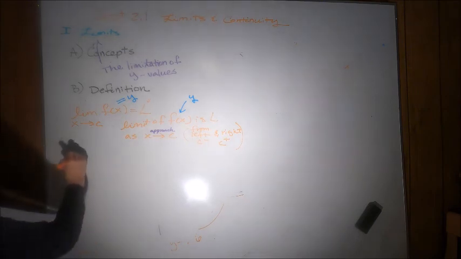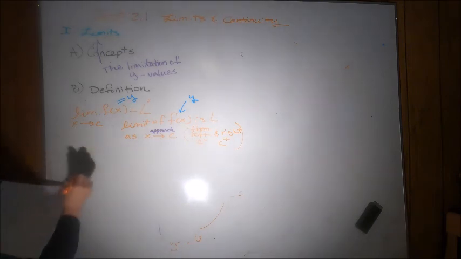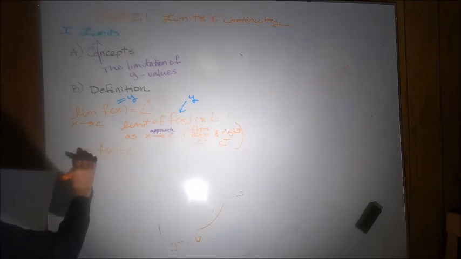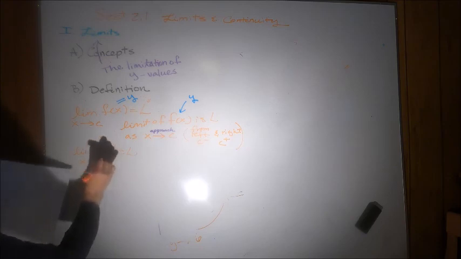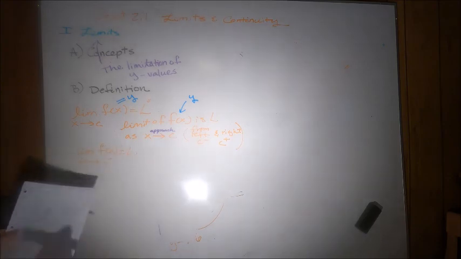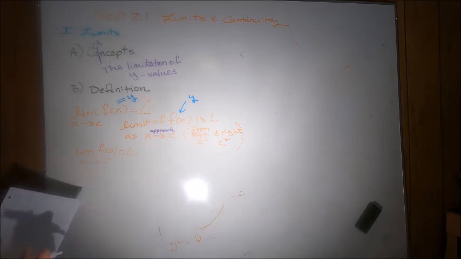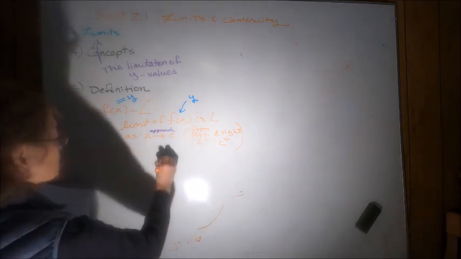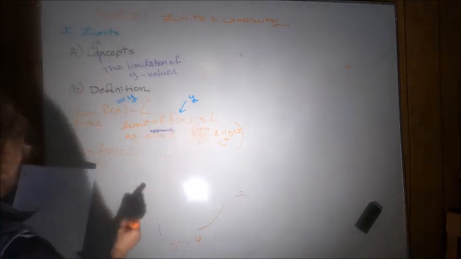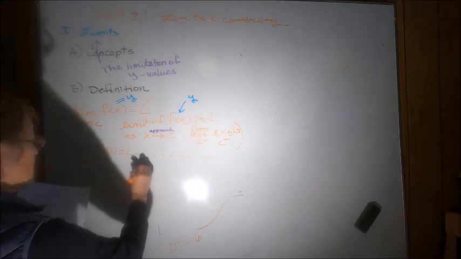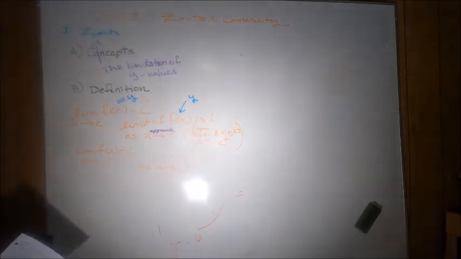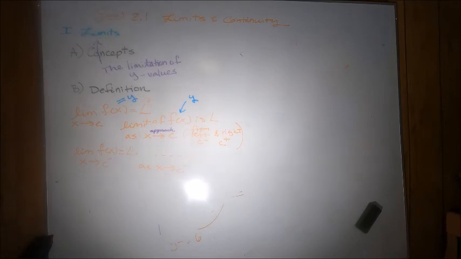So if we write the limit of f of x equals L, with c and a little superscript negative, it means from the left-hand side. That means your limit is L as x approaches from the left-hand side.